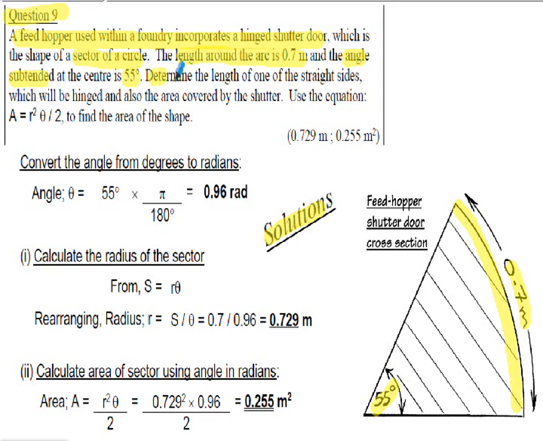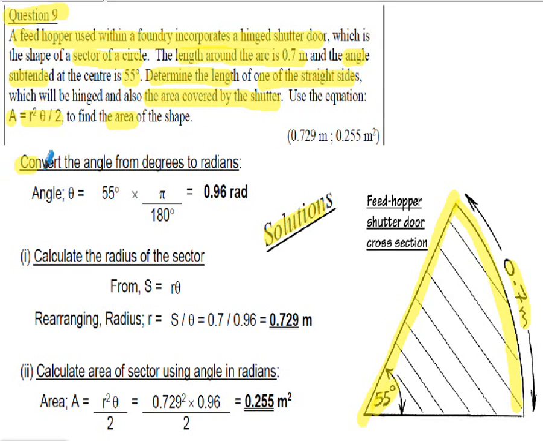We're asked to determine the length of one of the straight sides, so that would be the radius, for example here, and also the area covered by the shutter. We're told to use the equation A is equal to r squared theta divided by 2 to find the area.